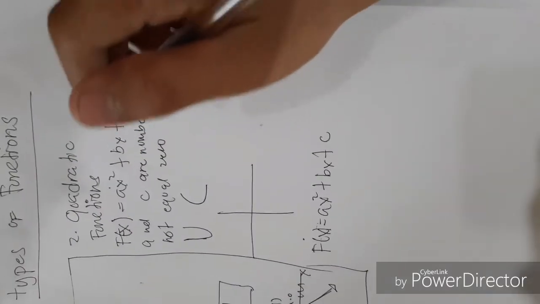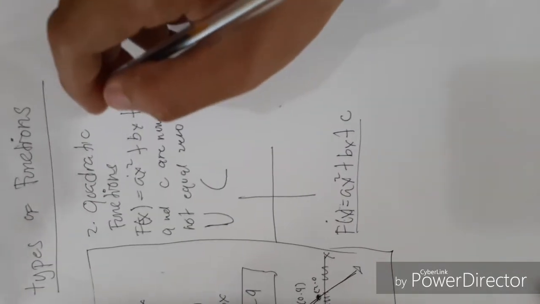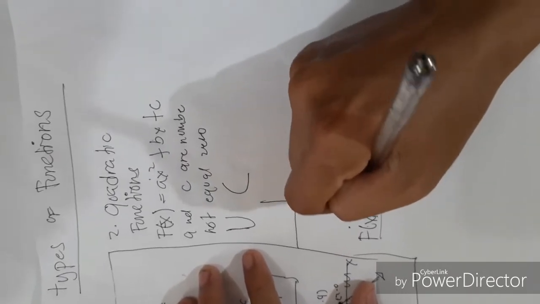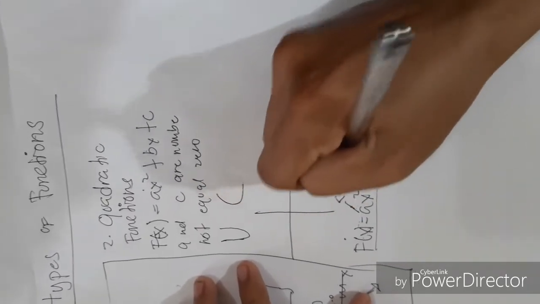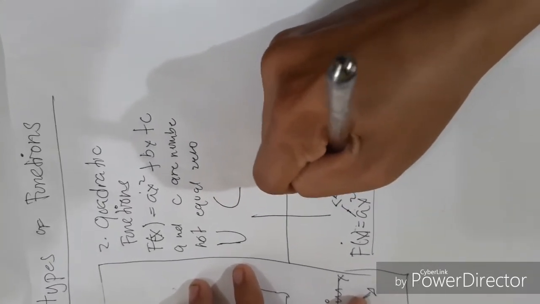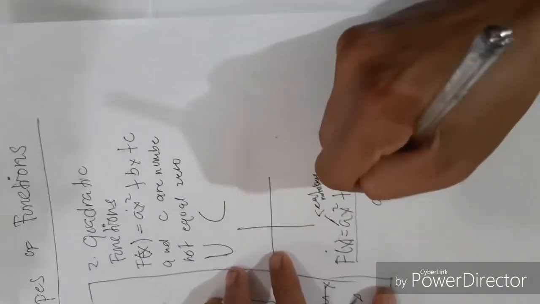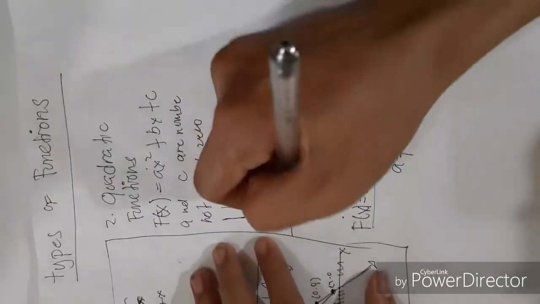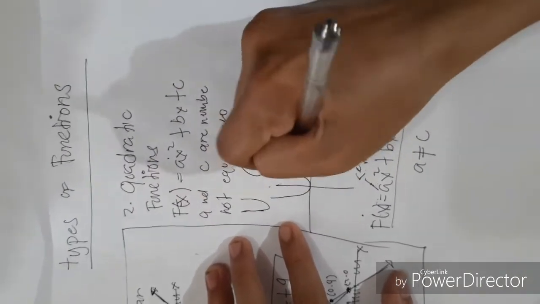A quadratic equation is an equation that can be written in the standard form of this, where a and b are real numbers and a is not equal to 0. For example, this U shape is positive.